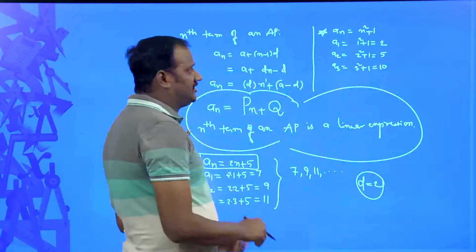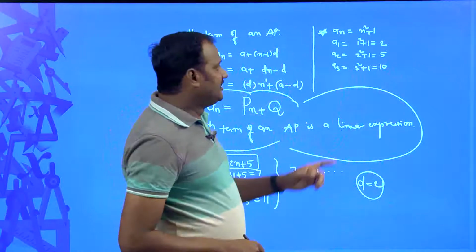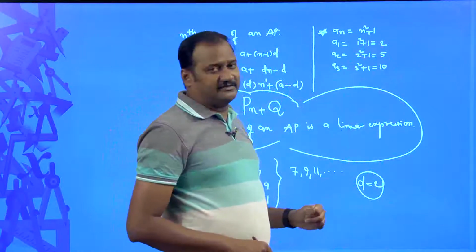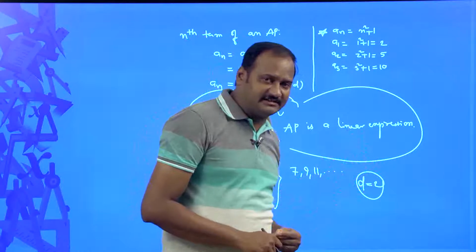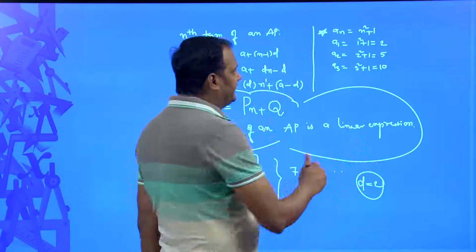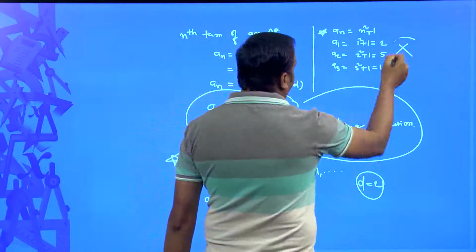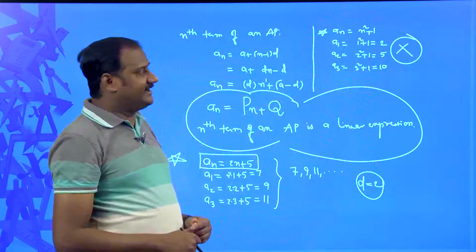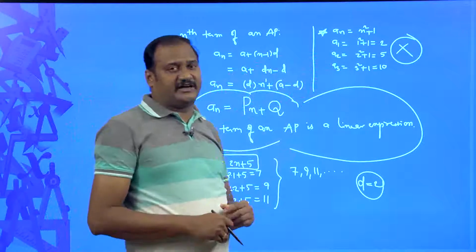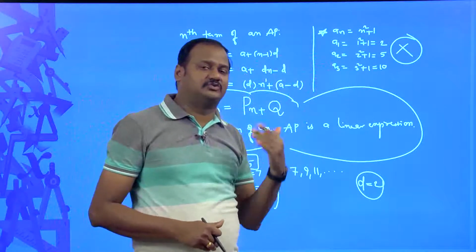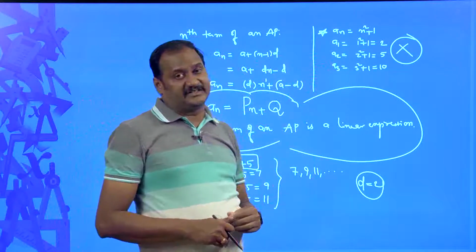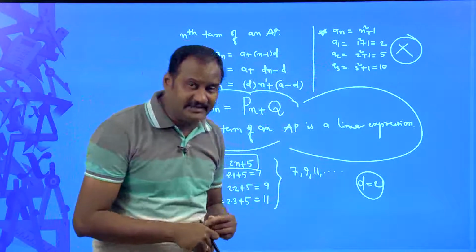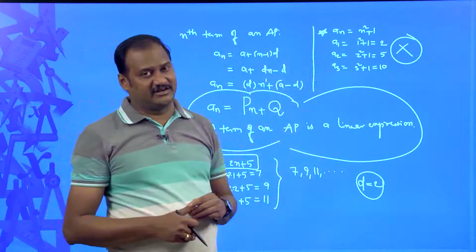When you observe 2, 5, 10, 2 plus 3 is equal to 5, but 5 plus 3 is not equal to 10. So a_n = n square plus 1 will not form an arithmetic progression. Here we substituted n = 1, 2, 3 to obtain the sequence, and then checked whether a2 minus a1 equals a3 minus a2 or not.